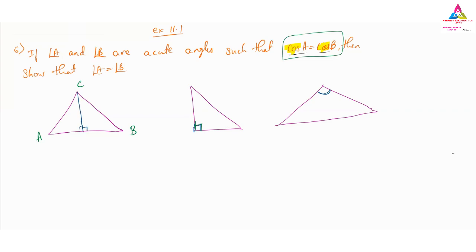See here, I have made two right angles, since I have drawn one perpendicular line. Then a trigonometric function can be applied over here. So this is the main part, and you must know about this.